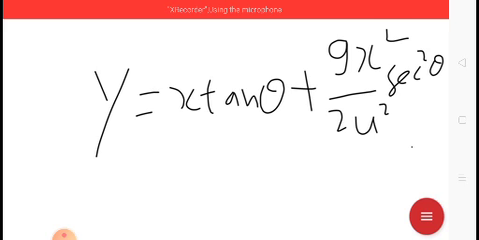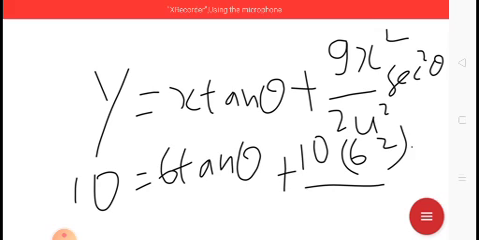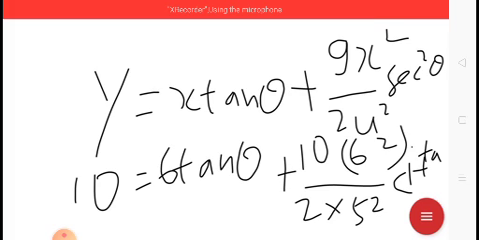So refer to the case just now. If you want to find theta, you can compare to this equation, you just sub the values in here first. 10 equals 6 tan theta, and you have plus 10 times the range 6 squared over 2 times 5 squared, and in the second part, if you change sec squared to tangent, it will be 1 plus tan squared theta.